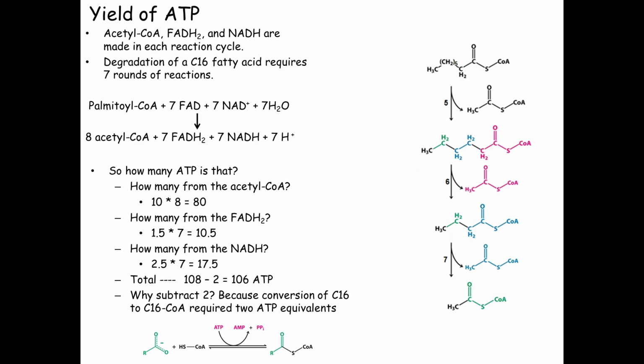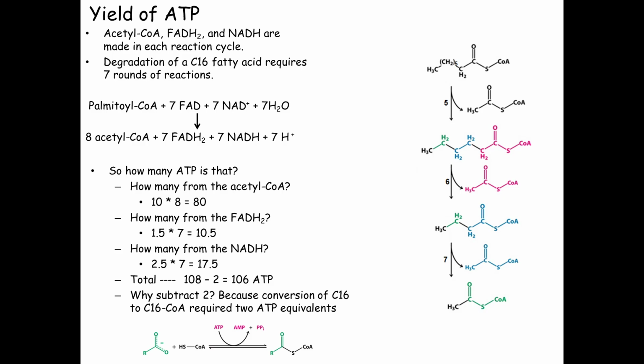So I'll leave this as a question for you guys to do on your own. Which is a better food source in terms of the total amount of ATP per carbon? Glucose or fatty acids? So how do you answer that question? Glucose has 6 carbons, right?